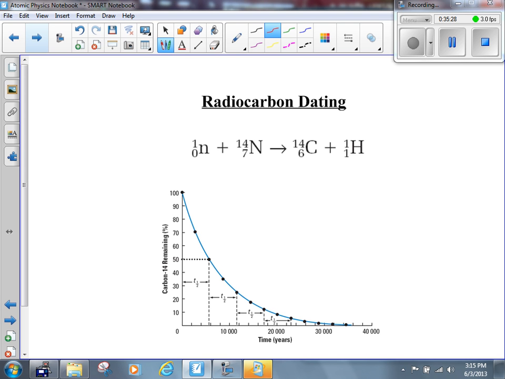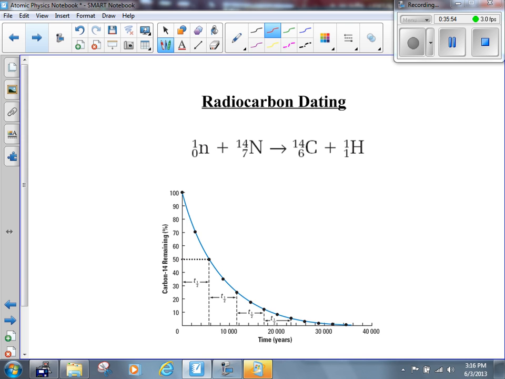It works for something that's 1,000 years old, several thousand years old. But you can't radiocarbon date a dinosaur bone. Why not? Yeah, too much carbon has deteriorated to get an accurate measurement of that age, right?